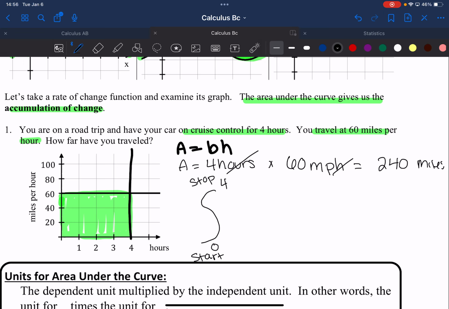Then the next part that we place in here is our height. So the height in this case of our rectangle is what? 60. Good, in this case, I'm not going to put the units inside the integral. So 60, this is, again, my height. And then when we are looking at our area formula, we said it was height times base, or base times height. So what we use to determine base is just dt.